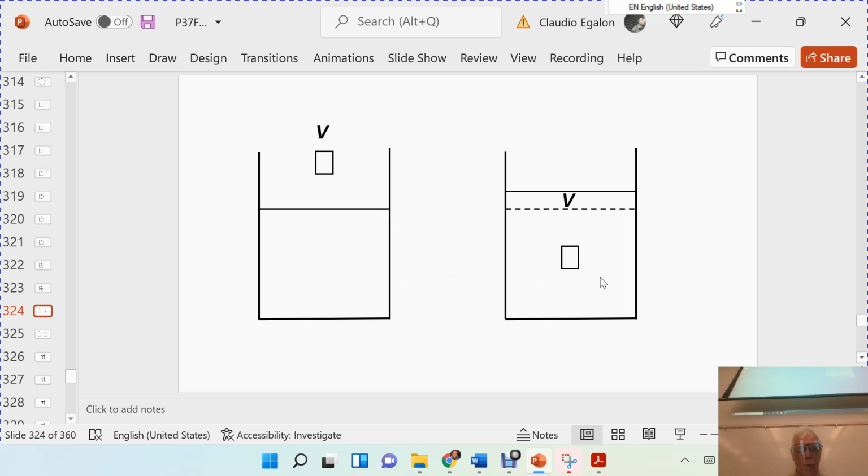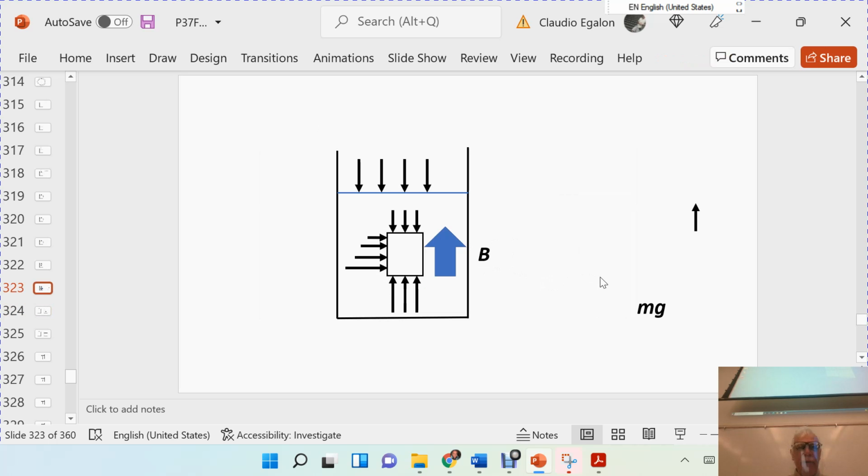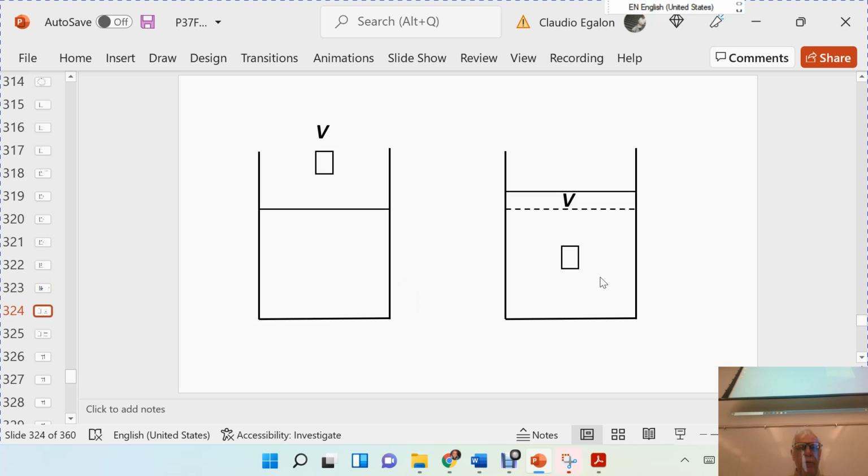Okay, so what else do you have to know? Now we got the conceptual idea of pressure, but there's something else you have to know. If you submerge an object, everybody has noticed that the water is going to rise.